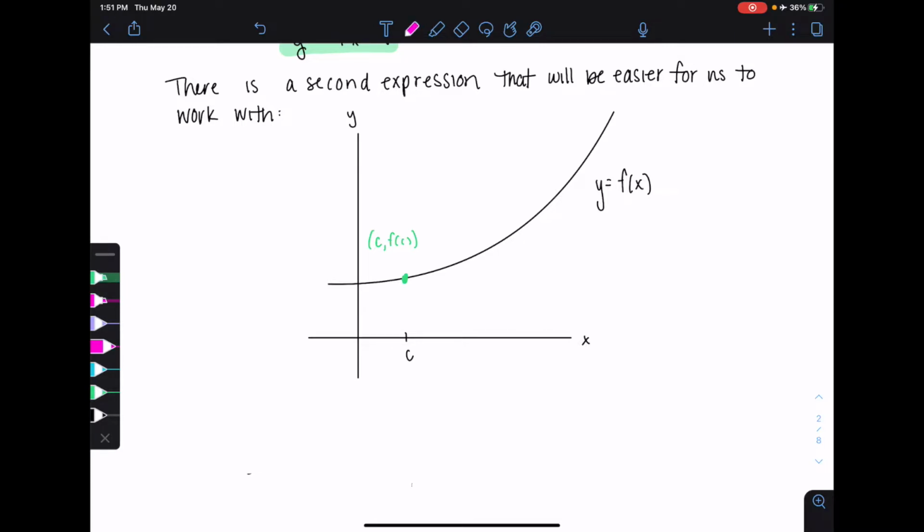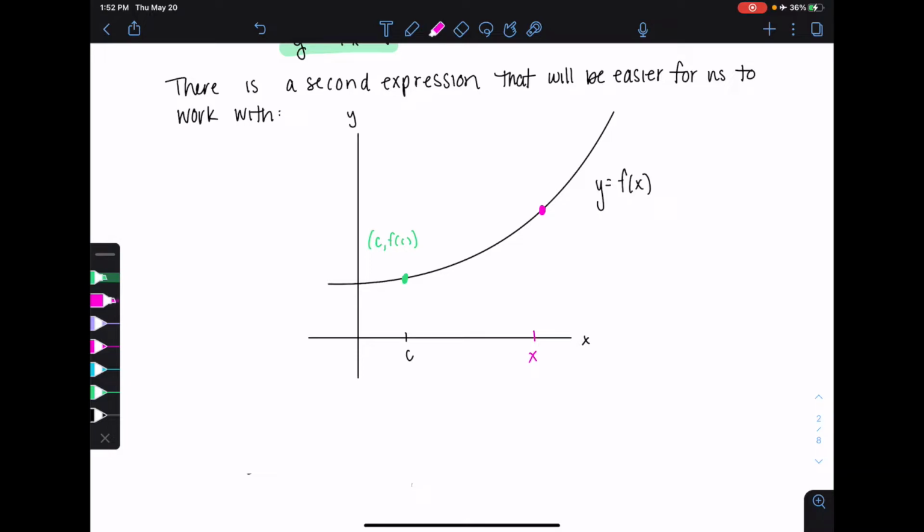So our goal is we want to find this tangent line. And I know it's going to be the limit of the slope of the secant line. So I'm still going to calculate the secant line, but I'm going to look at it a slightly different way. This is what we were calling our x value just a moment ago.